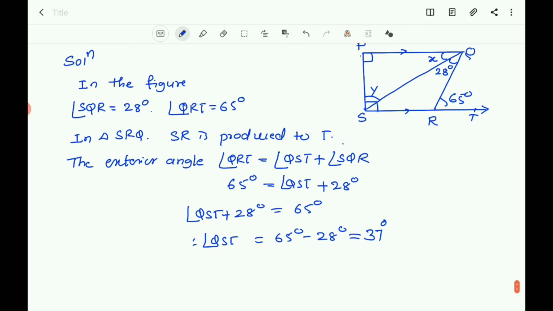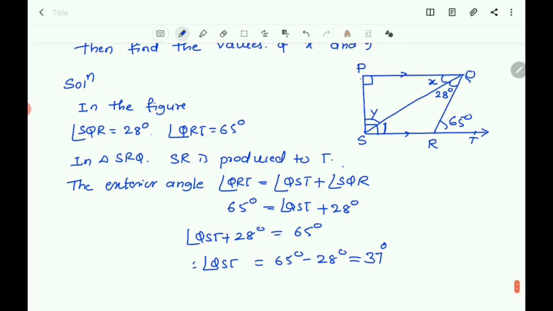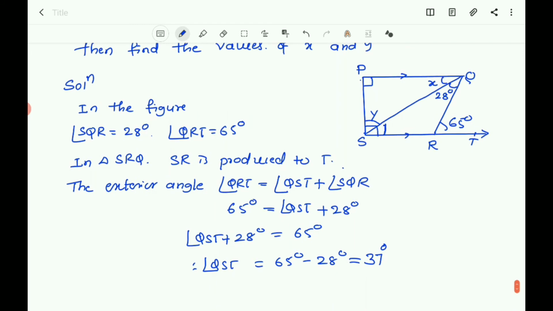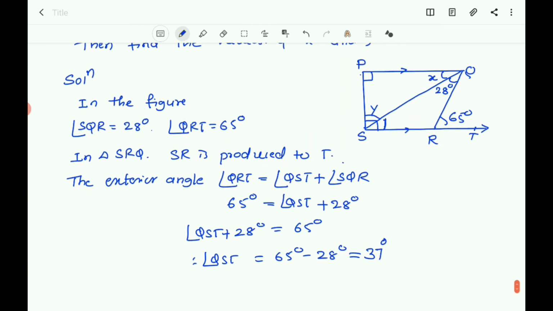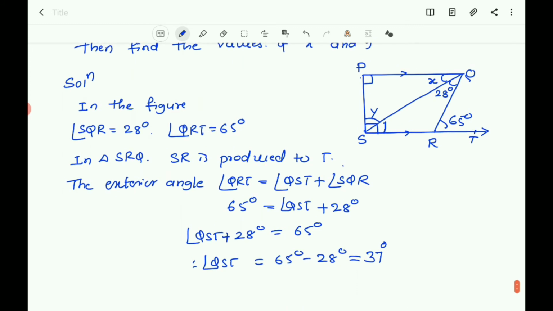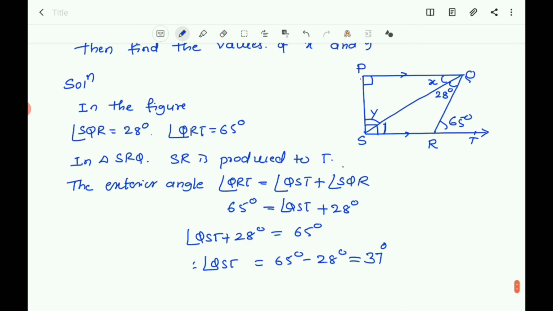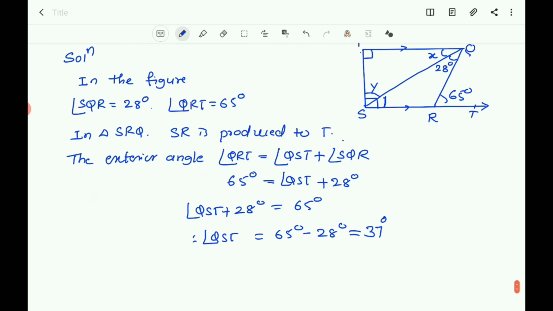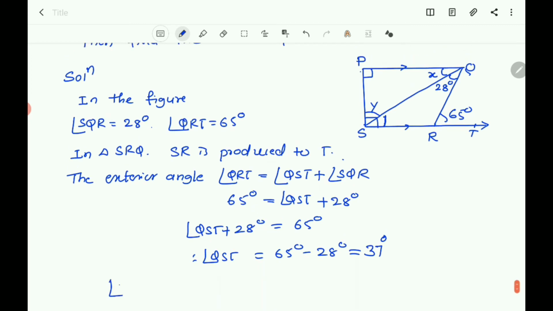Now here you know that angle QST is equal to angle x, that is angle PQS. Angle x and angle QST are equal because they are alternate angles made by the transversal QS of the parallel lines PQ and SR. So you write angle PQS is equal to angle QSR. Why?